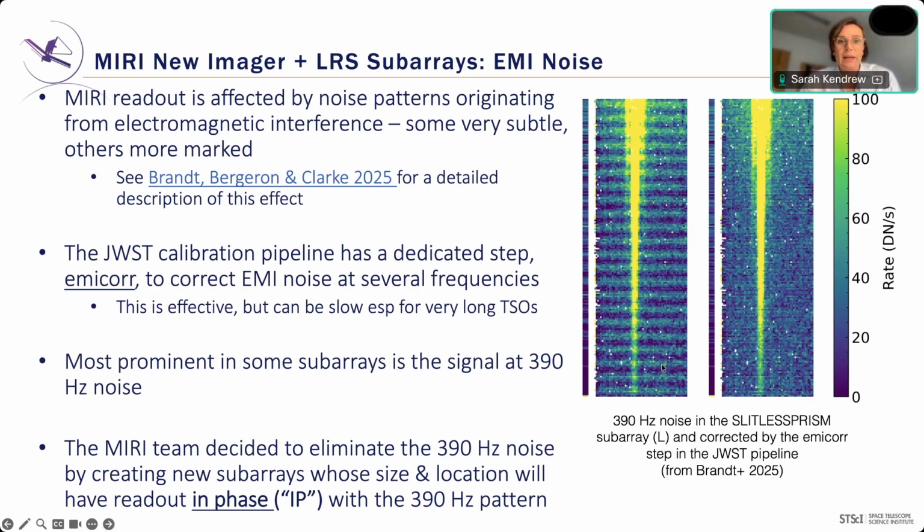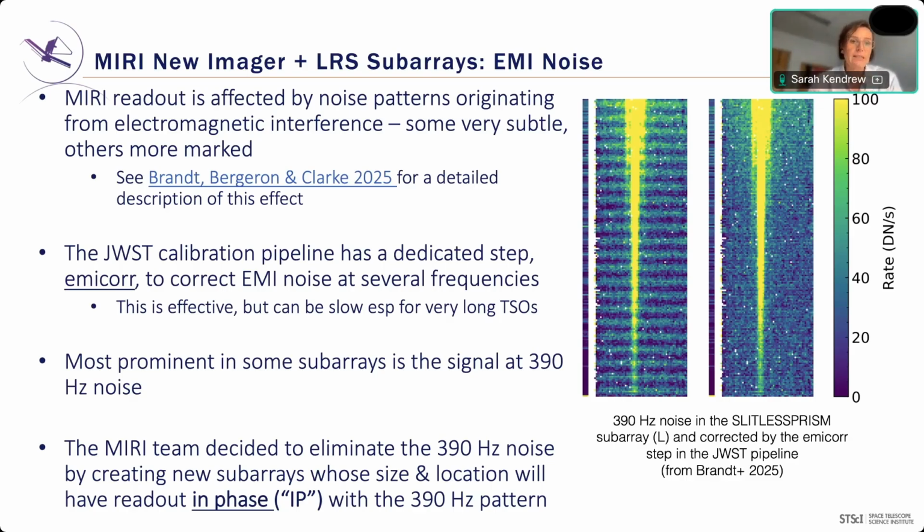You can see here in the figure on the left, those of you who've done time series observations with the MIRI LRS are probably familiar with this view. You get this kind of banding that also travels through, if you have many integrations, as you scan through the integrations, you see this pattern traveling up and down the subarray.